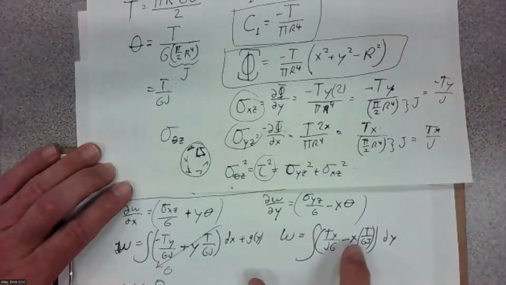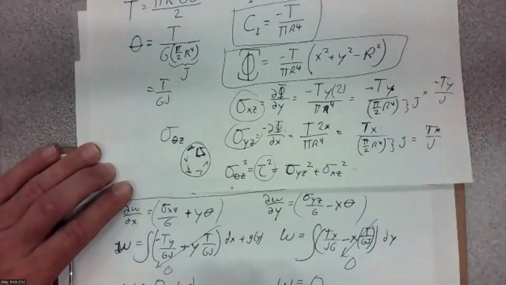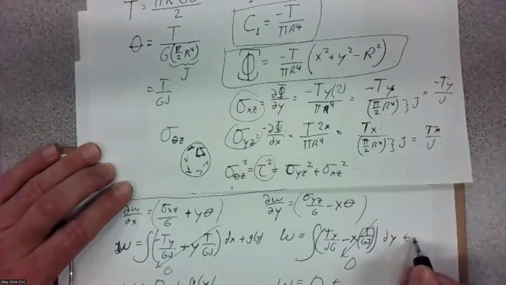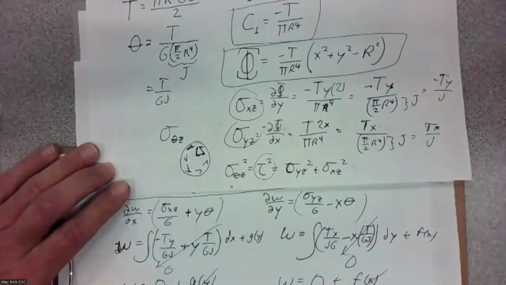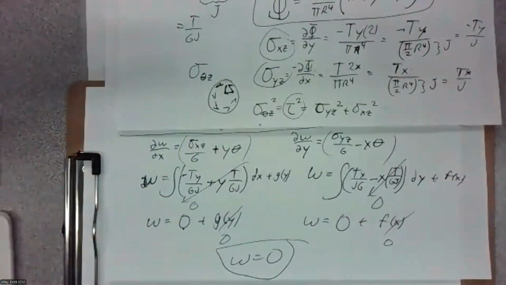Well, there I got tx over GJ minus tx over GJ, so that one goes away to 0. Warping here is going to be 0 plus anything I can't see with y. Over here, it's 0 plus anything I can't see with x. Nothing with x over here, so this is 0, and nothing with y over here, so this is 0. So no warping, just like we expect for a circle.